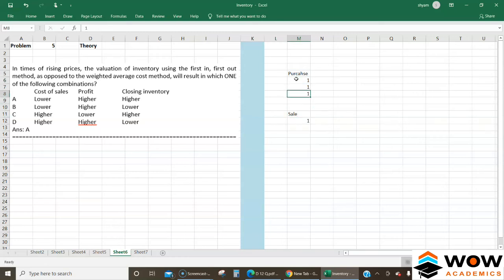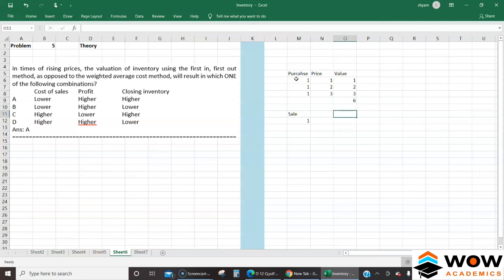These are bought at different times, and the price is inflated, so the prices should be like 1, 2, and 3, right? So the value of inventory would be 1 here, 2 here, and 3 here, and totally it would be 6.